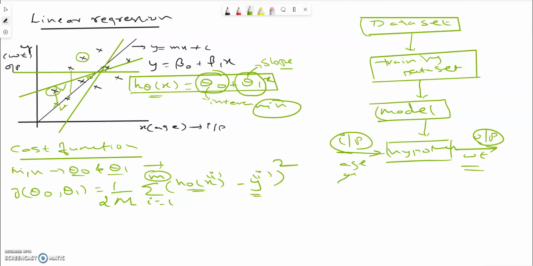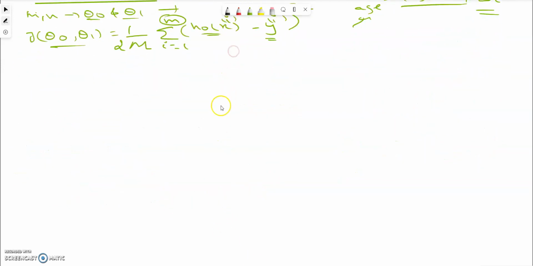Now, what do we need to solve here? As I told you, we need to minimize theta naught and theta 1. So let's say we have this equation, right? h theta of x is equal to theta naught plus theta 1 into x. For an instance, let's say that theta naught is equal to 0.